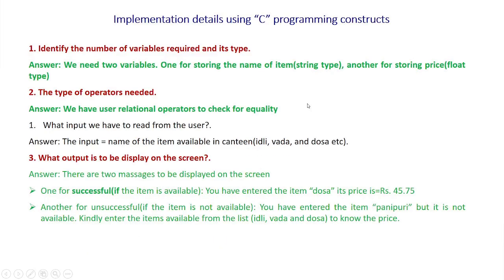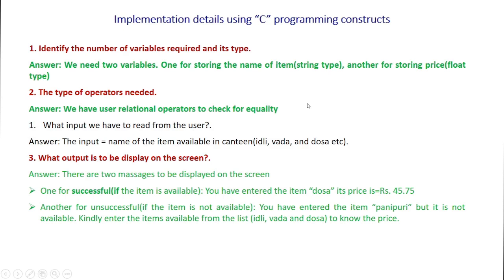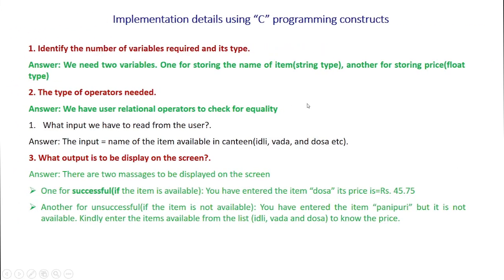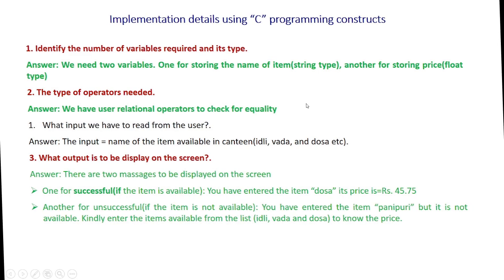So let us understand how to implement this concept by using C program constructs. First we have to identify the number of variables required and their types. Here we need two variables: one for storing the name of the item, another for storing the price.